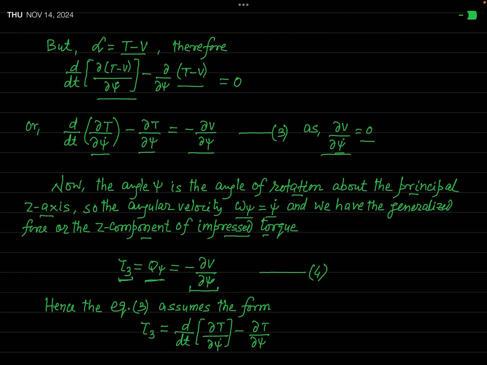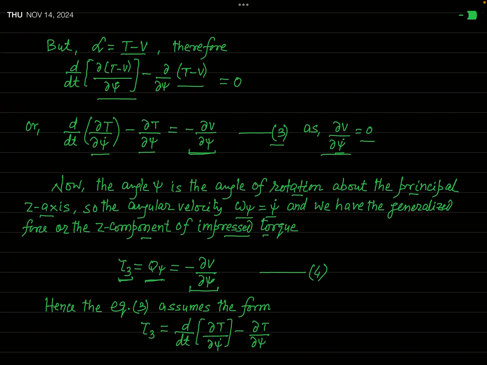Okay. So in this equation 3 you can see that on the RHS the term minus del V by del psi is present, but we have now recognized that this minus del V by del psi is the z component of the applied torque on the body.